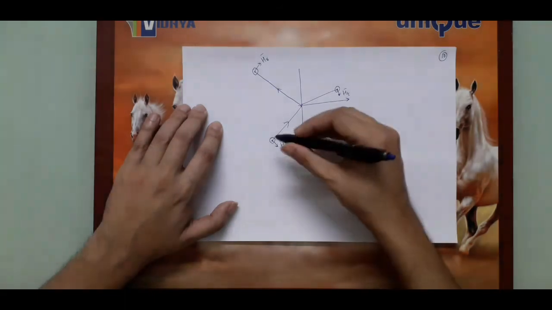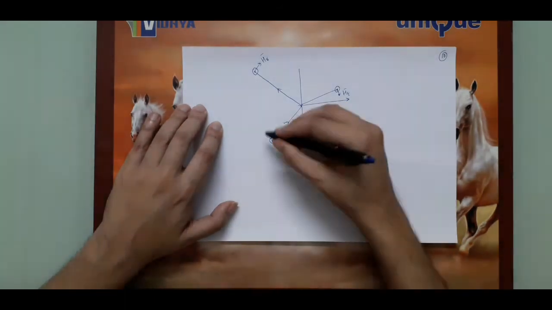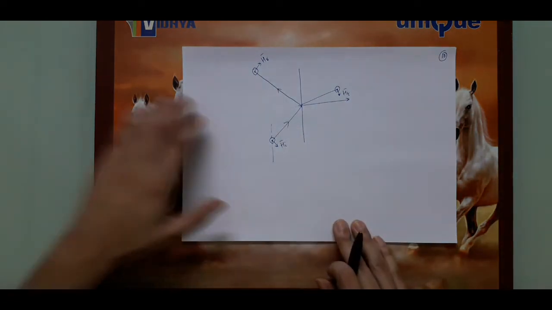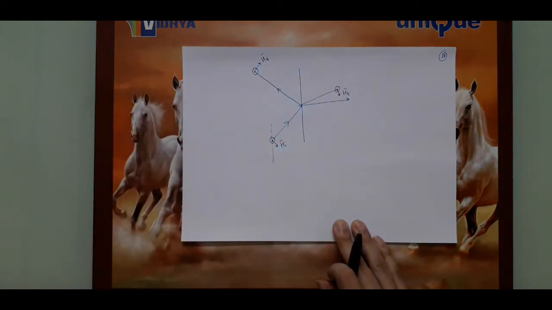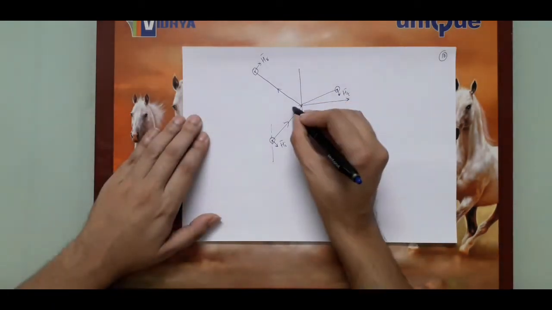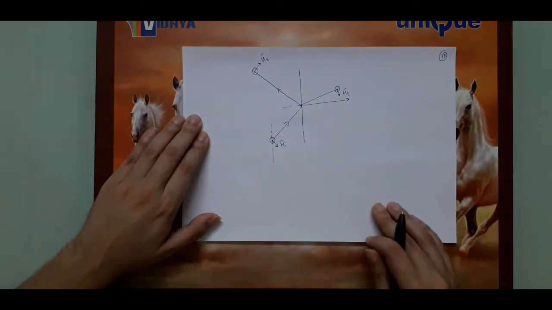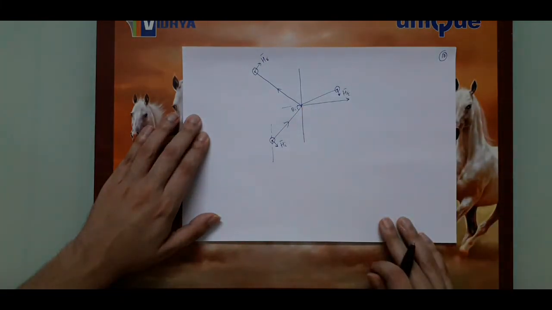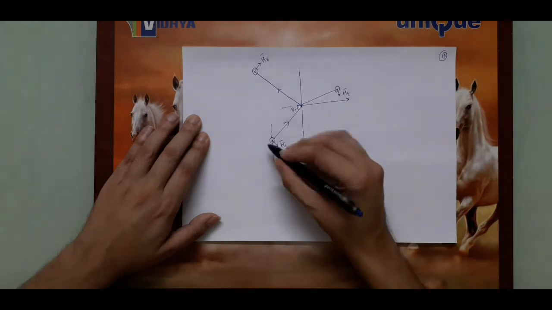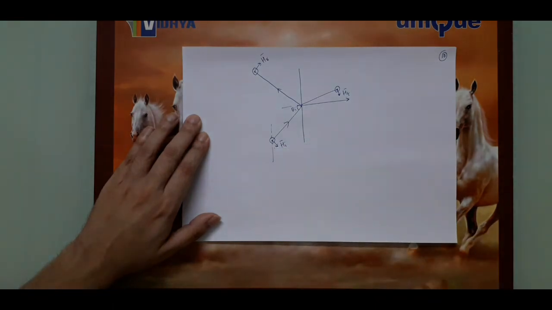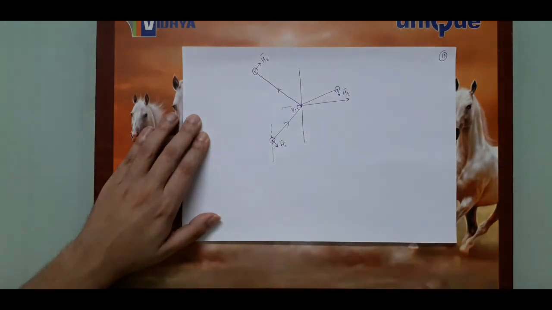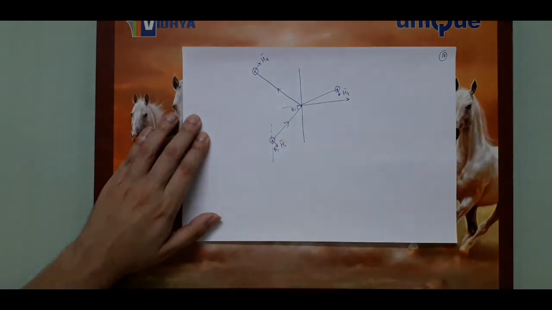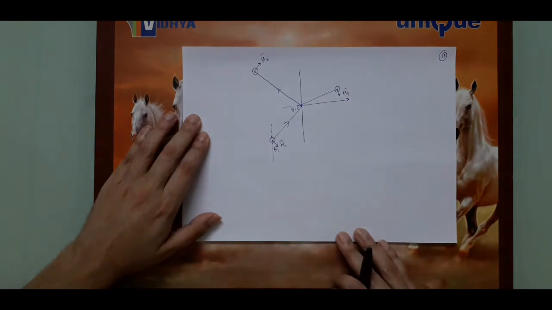Tangential component for the Hi would mean the projection along this axis. So if this is theta I, what will be this angle? If this is theta I, this will definitely be 90 minus theta I. So this angle will be theta I, because this is a 90-degree angle.